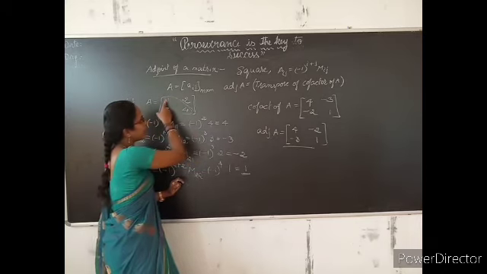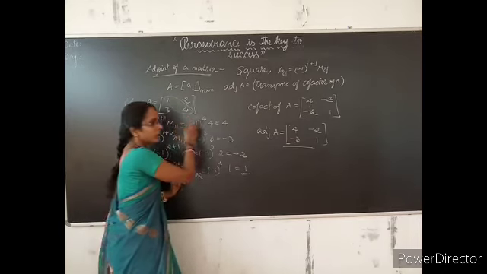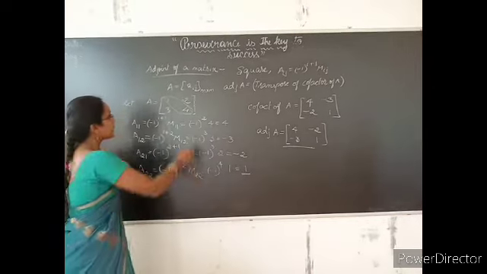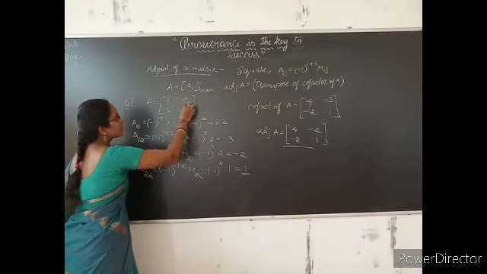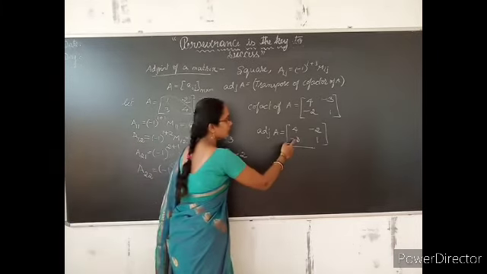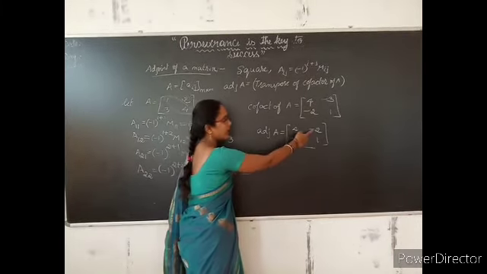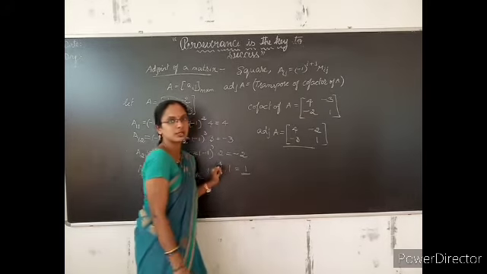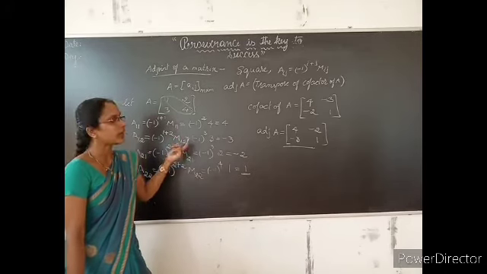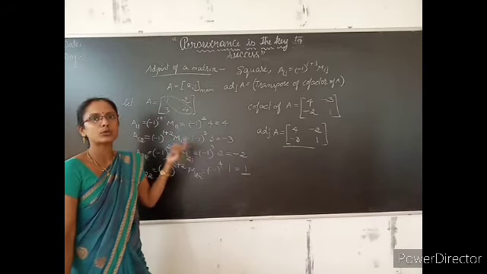So here the diagonal elements are 1 and 4. Here the elements are 4, 1. And one more thing is sign of the non-diagonal element changes. So here instead of 3, minus 3 is there. Instead of 2, minus 2 is there. So from this we can easily write the adjoint of a 2 by 2 matrix.